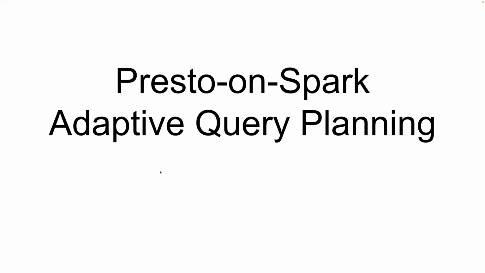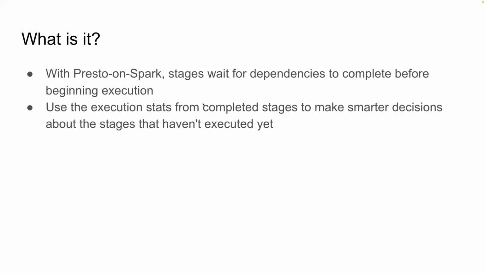So today I'm going to talk about adaptive query execution in Spark. I call it adaptive query planning here because I think it's more specific to what kind of adaptiveness we're talking about. With Presto, Spark, or Sapphire, the next stages need to wait for the previous stages to complete before they can begin execution.